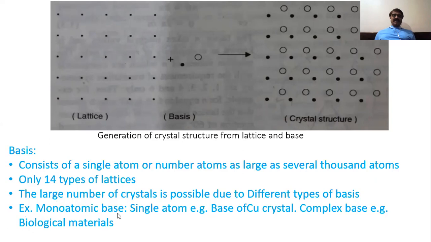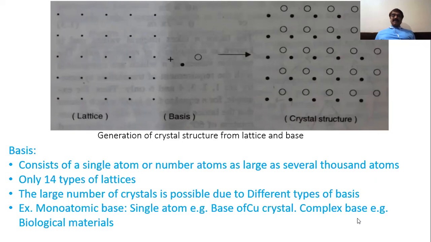Now, an example: if it is a single atom, that is called a monoatomic base. For example, the basis of a copper crystal consists of a single atom. That means a copper atom is placed at every lattice point and we obtain the crystal structure of copper.